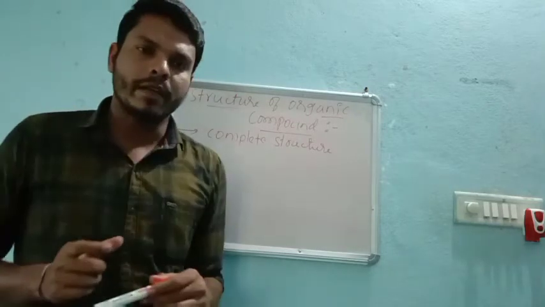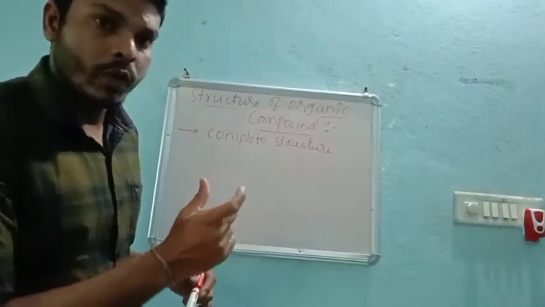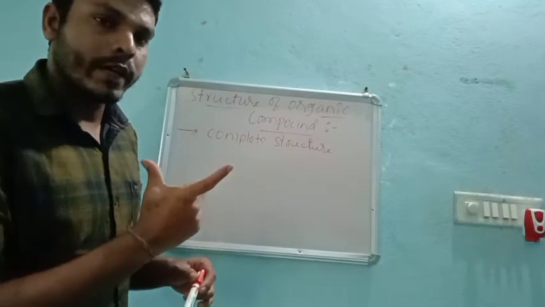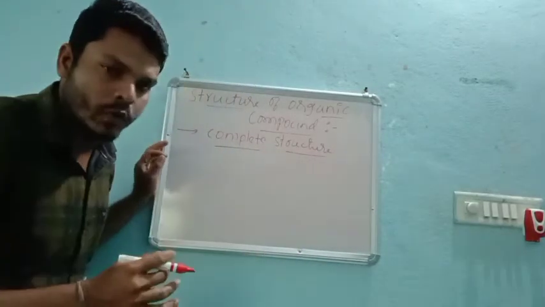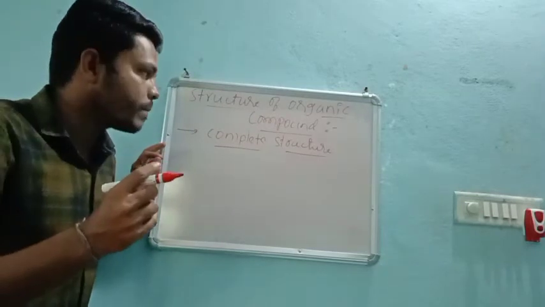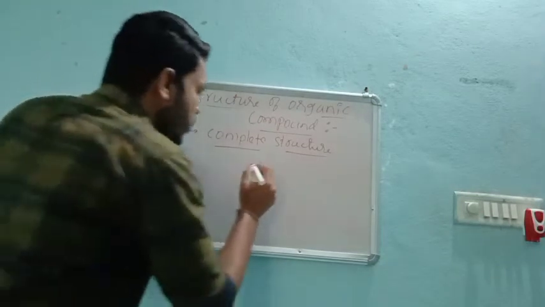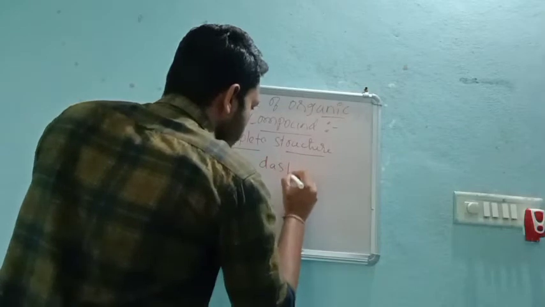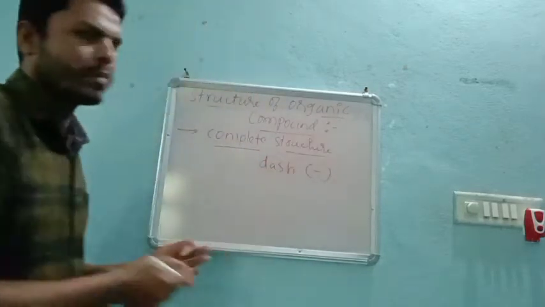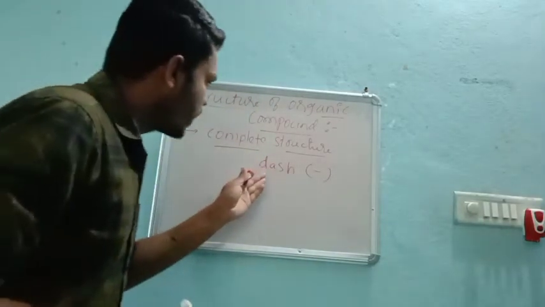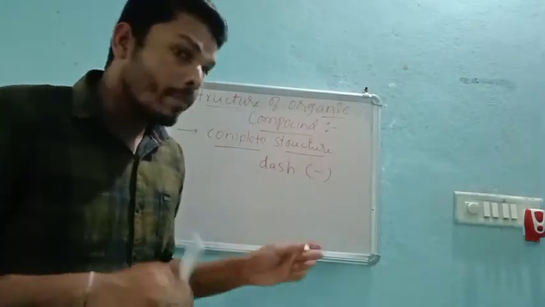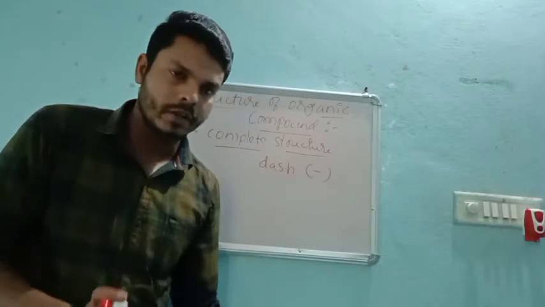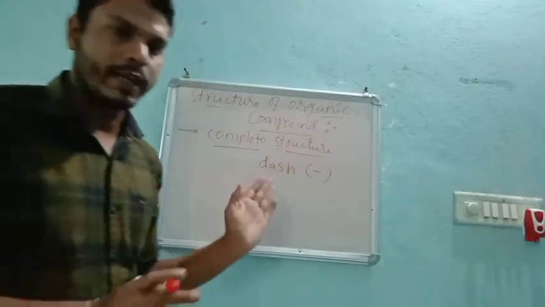Complete structure means in a molecule, in between 2 atoms, we represent the structure by using a dash. Very important and very simple. I will show it with an example.